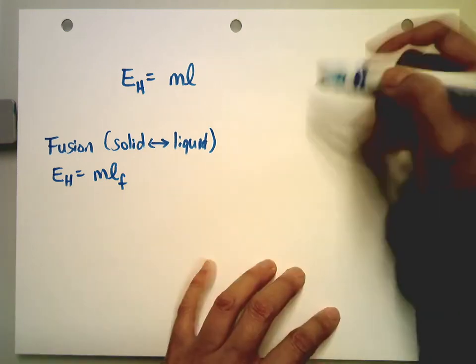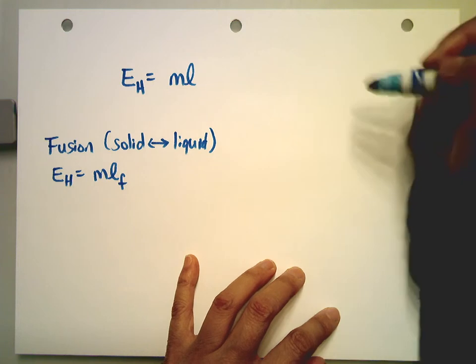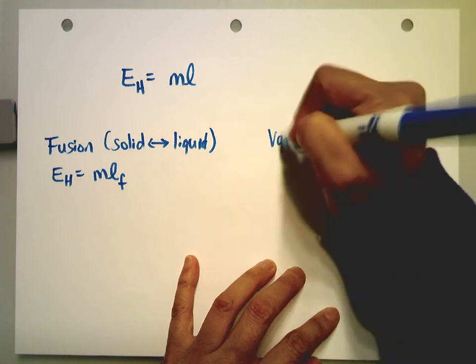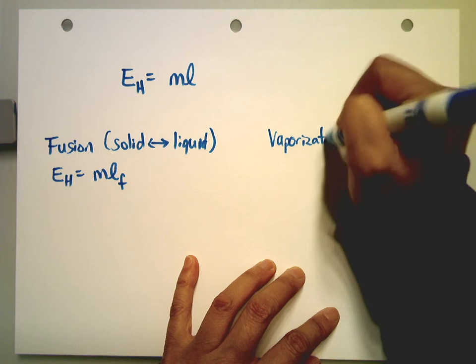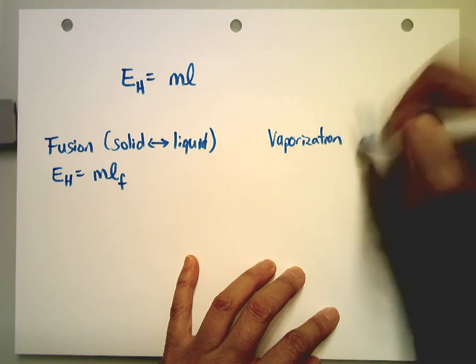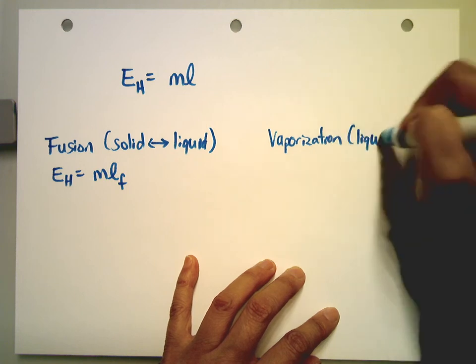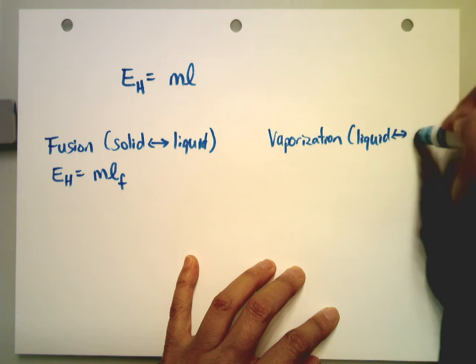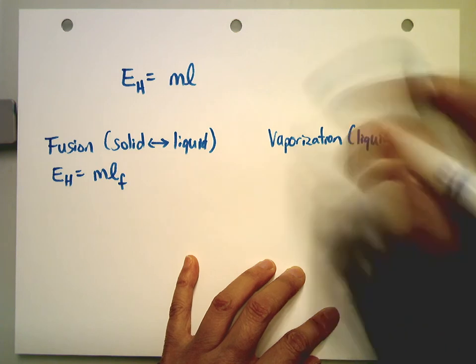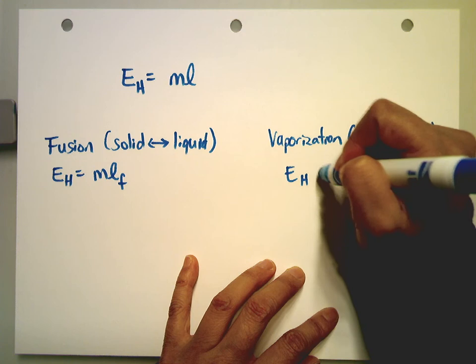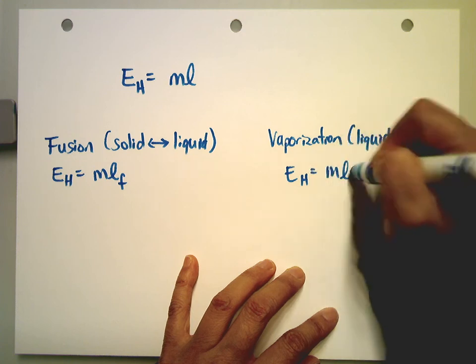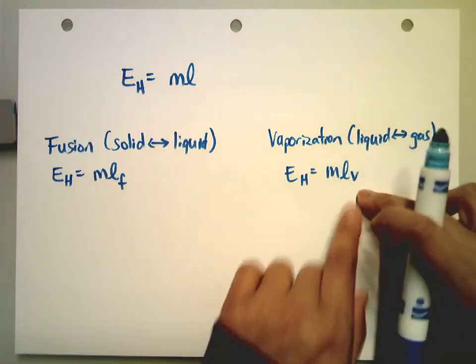Whereas the other type of formula is latent heat of vaporization. Okay, so that is when you go from liquid to gas or gas to liquid. And the formula here is E is equal to mLV. So same formula with the subscript.